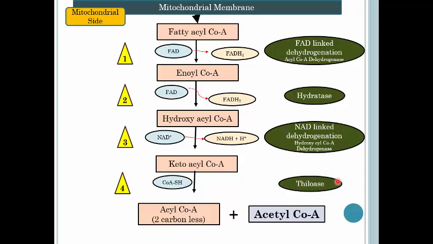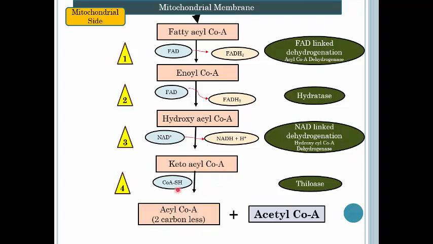The prefix will show which molecule is used for the breakdown. For example, thiolase means the thio group is used for the breakdown of this molecule. Sometimes we hear hydrolase, so that is a water molecule which is used for the breakdown. We hear phosphorylase, that means a phosphorus group is used for the breakdown of that particular molecule.